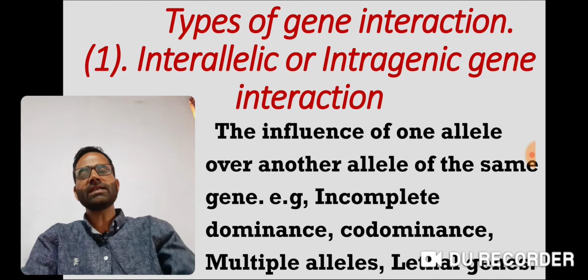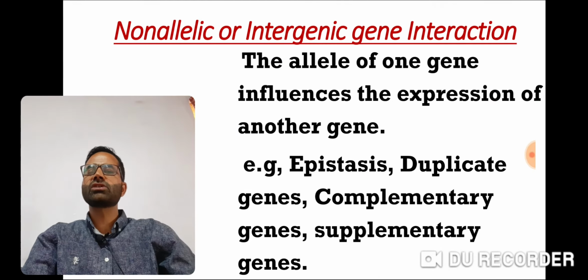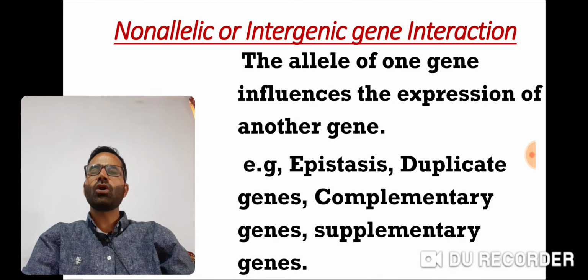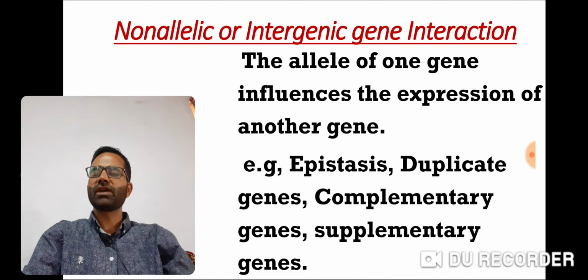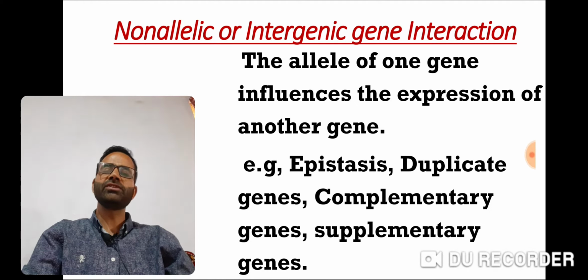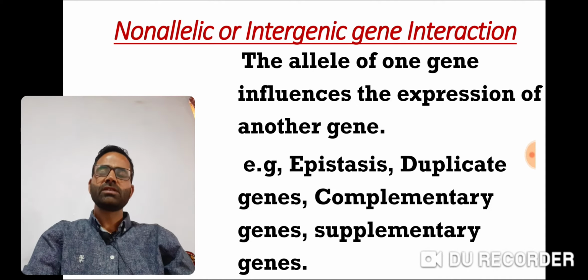And the second type of gene interaction is called nonallelic or intergenic gene interaction. When one allele influences another allele of a different gene or the other gene, such a gene interaction is called nonallelic or intergenic gene interaction.